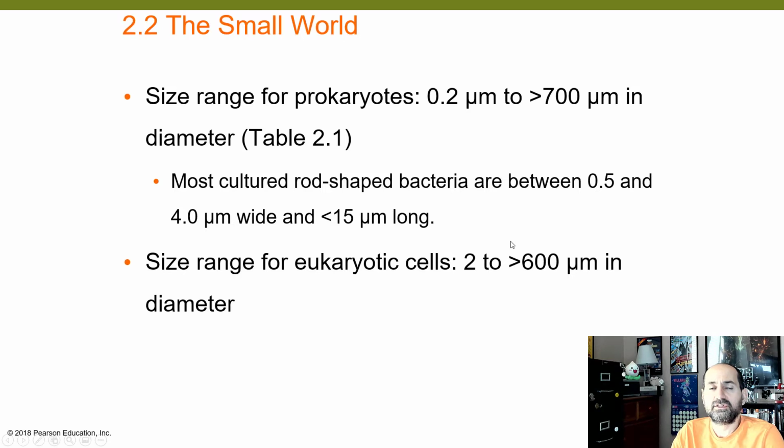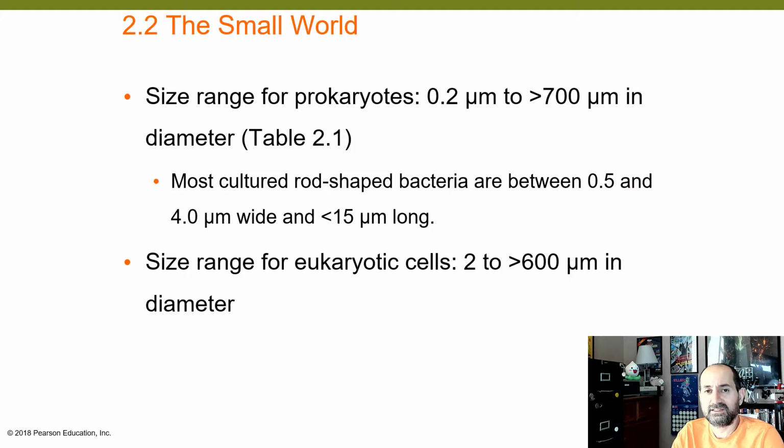Typically, a bacterial cell is about 10 to 50 times smaller than a eukaryotic cell. And it says here that most cultured rod-shaped bacteria are between 0.5 and 4 micrometers wide. So, this is a small cell.